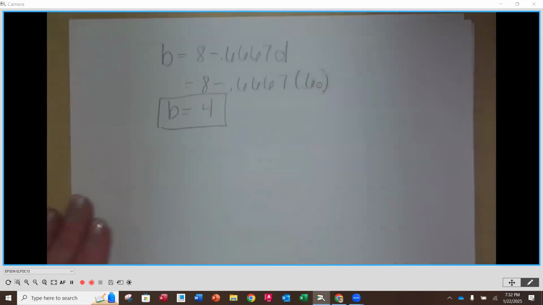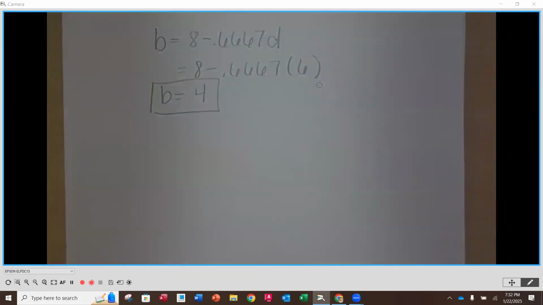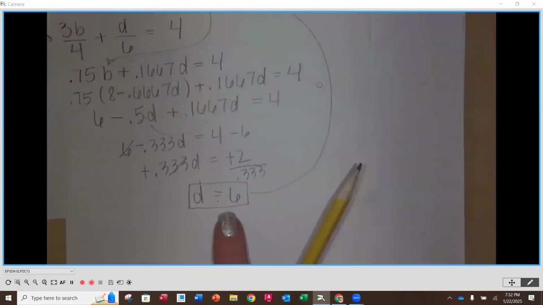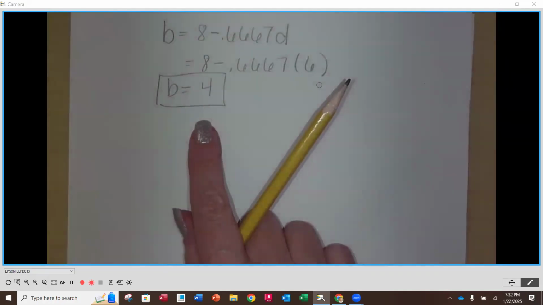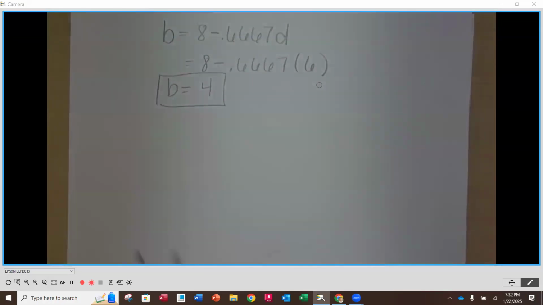And then just making sure that your box is around your final answer. In this case, they want us to solve for the 2 unknown variables. So your boxes should just be around D is equal to 6 and B is equal to 4. And that tells me these are the answers you're looking for. Okay. Any questions on the substitution method?